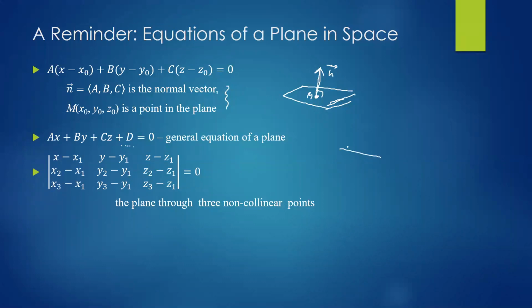So in this case, we are assuming that we have a plane and we have 3 points that are not on the same line. If we know the coordinates of these 3 non-collinear points, we can write a general equation in this form.